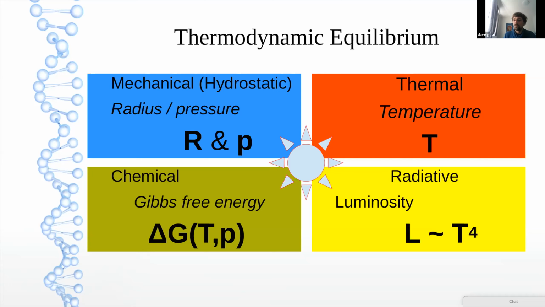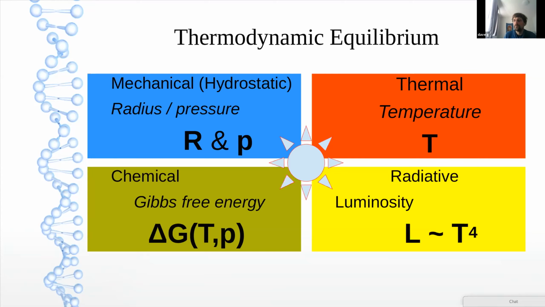As a second component, we have the thermal equilibrium, which is characterized by an equal T for all species present in the circumstellar envelope. Then we have the chemical equilibrium, which is characterized by a minimal total Gibbs free energy. You already see that this Gibbs free energy depends on temperature and pressure, and so is somewhat connected to the mechanical and thermal equilibrium.